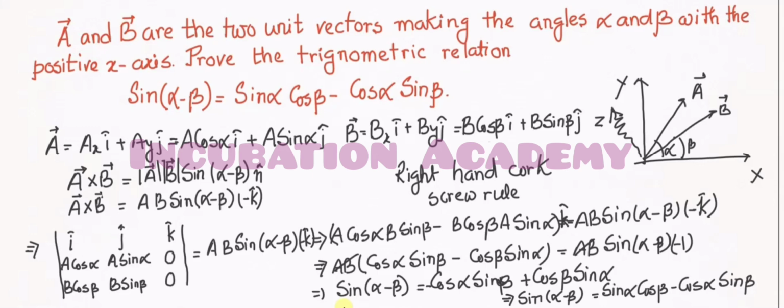I have tried to do it in the scalar way by finding the magnitude, but at the end I am incorporating the direction of the cross product, which is the right hand cross product. If you don't know, see any book where the cross product is discussed, you will get the idea there. So my proof, sin alpha minus beta equals sin alpha cos beta minus cos alpha sin beta, is proved. Thank you all of you.